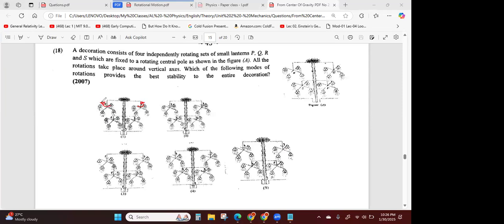This is this direction. And this is this direction. Here this is this direction. This again this and this direction. This is in the opposite direction.